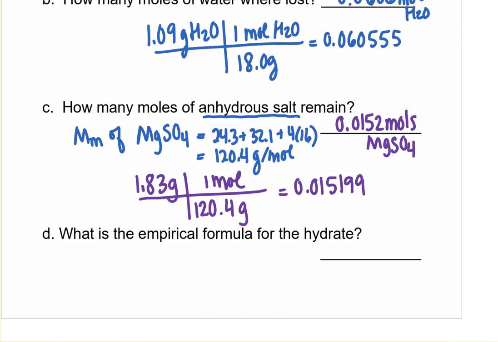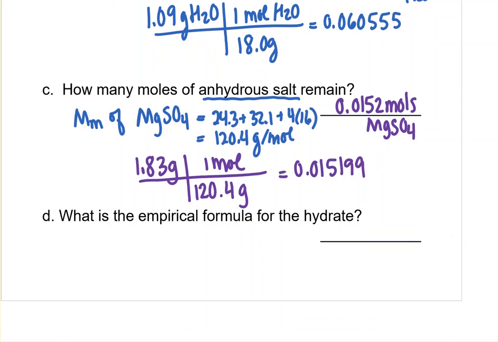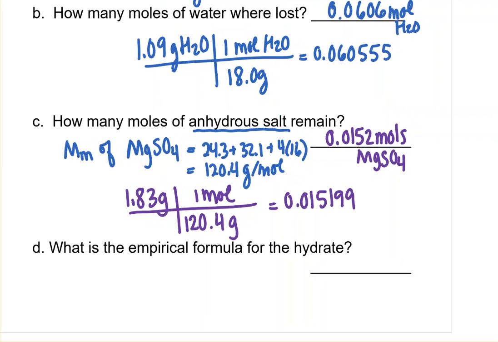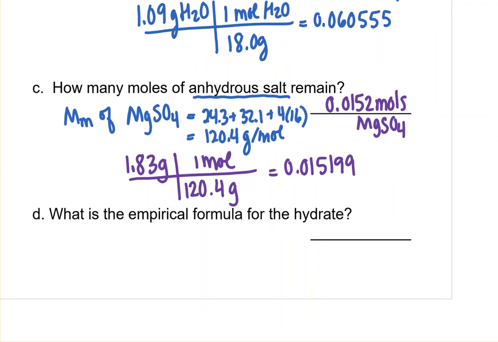And then doing an empirical formula, we don't want to use these numbers that are not whole numbers. We want whole numbers and integers. So what we do is we divide by the smaller. So let's look at that.